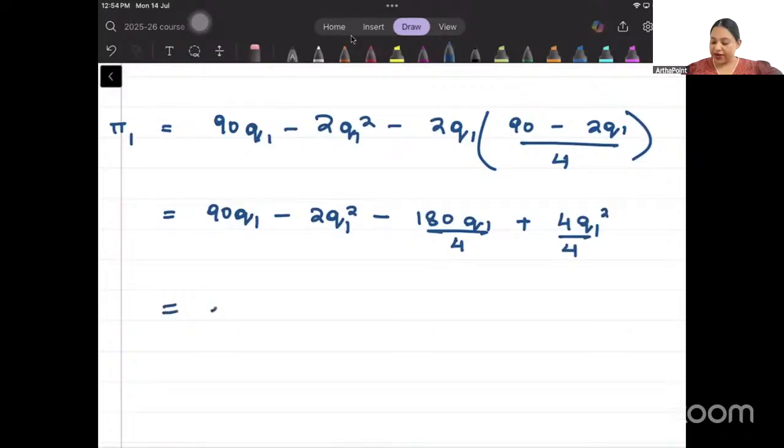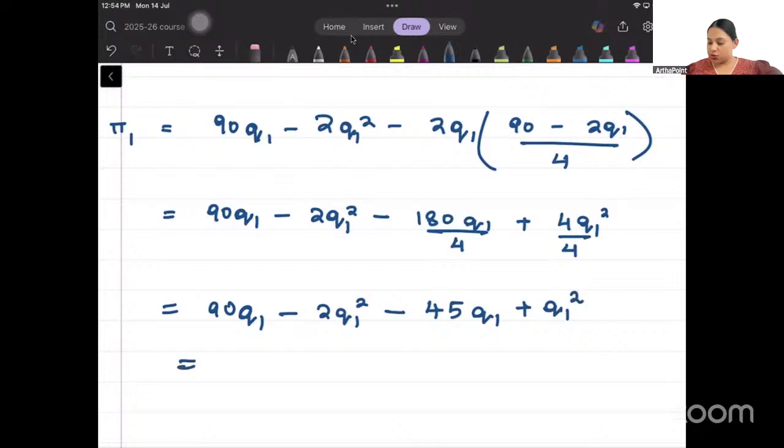So I'll get 90 Q1 minus 2 Q1 square minus 45 Q1 plus Q1 square. So this will be 45 Q1 minus Q1 square. So you have got the profit function of firm 1, and this profit function of firm 1 is completely in terms of Q1.